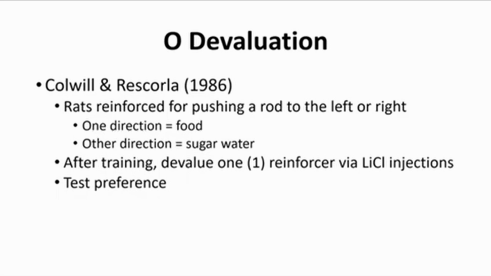And so once the rats have been trained up and they know that going to the left gets them food and going to the right gets them sugar water, then they could devalue one of those reinforcers using lithium chloride injections. Basically, either the food or the water would make the rats sick. So they've devalued, let's say, food, and then test the rat's preference.